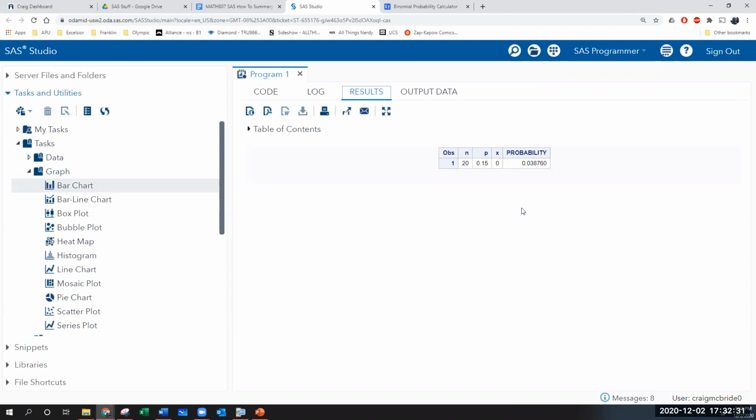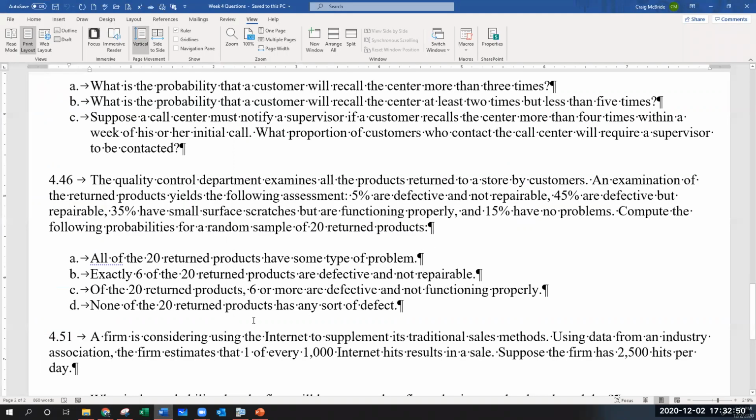I'm just going to take D off the homework. I think that would be helpful because you can interpret it a couple different ways. It comes down to interpreting what is a defect and what is not a defect, right? You could say small scratches is not really a defect.